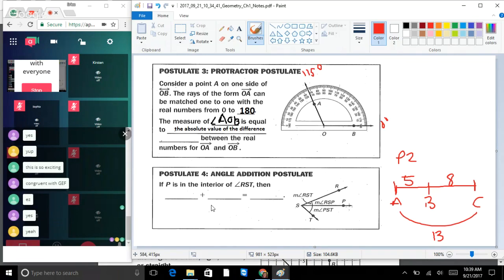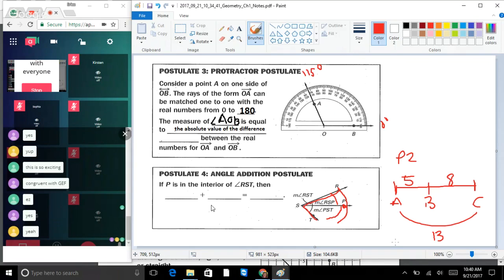So if P is in the interior of angle RST, so there's this angle out here, RST, and there is a ray that's dividing it. This ray P is dividing it right here. If you add this angle plus this angle together, you're going to get the total angle.